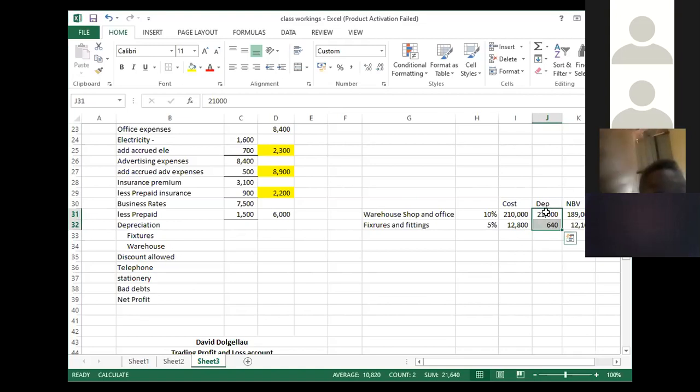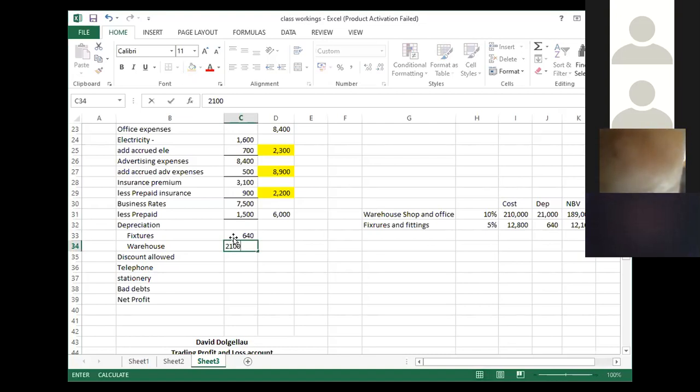Here we have fixtures, 640, and depreciation on warehousing, 21,000. So this gives a total of 21,640. I hope that is clear.